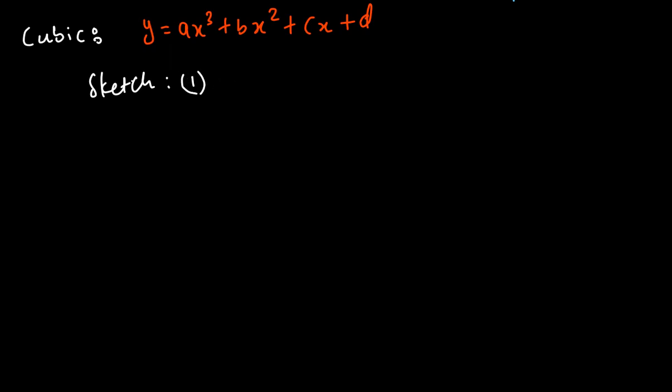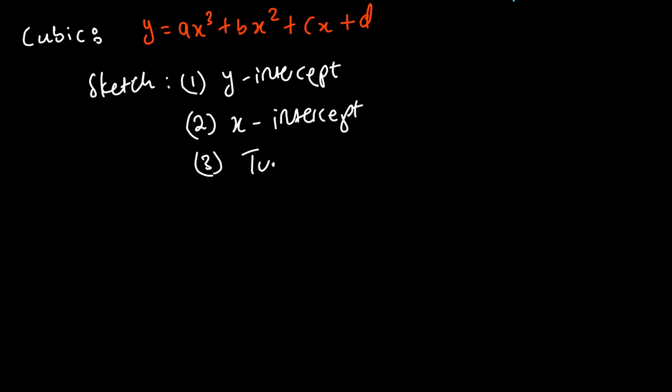Number 1, you need the y-intercept. Number 2, you need the x-intercept. And then number 3, you need the turning points, which are also called stationary points.